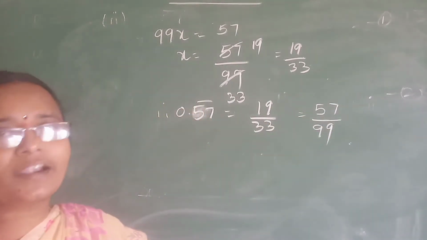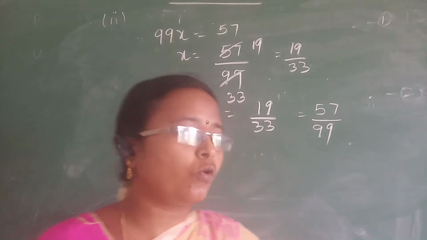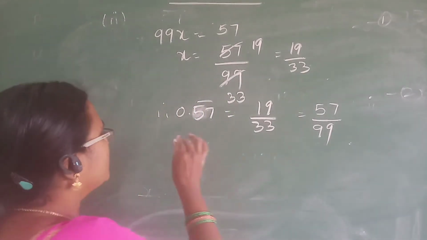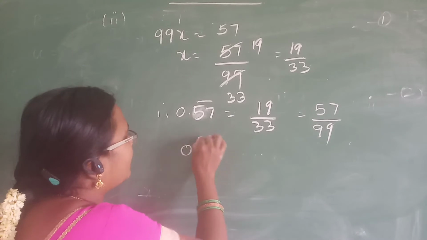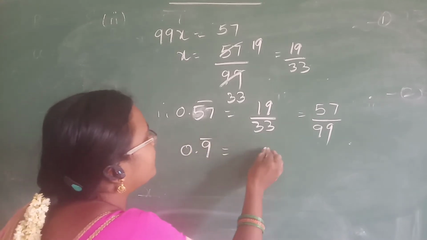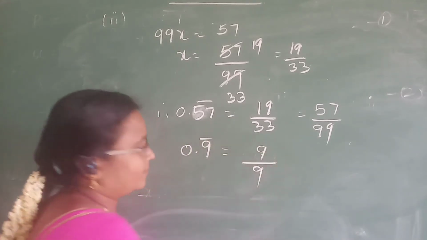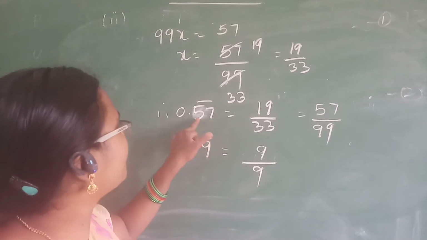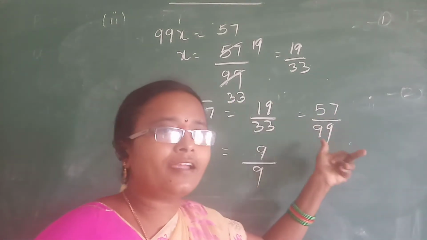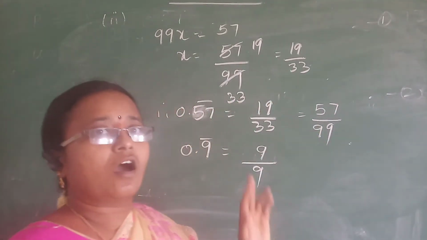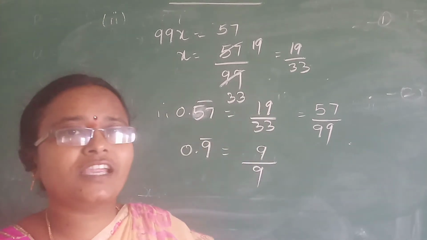There is a shortcut for this problem also. If you observe the previous problem, 0.9 bar can be written as 9 by 9. And look here, 0.57 bar is 57 by 99. Are you finding any logic here?